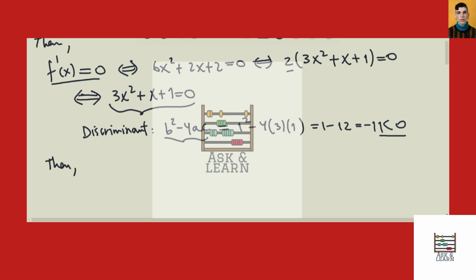Then there is no number x in the real numbers such that 3x squared plus x plus 1 equals 0.